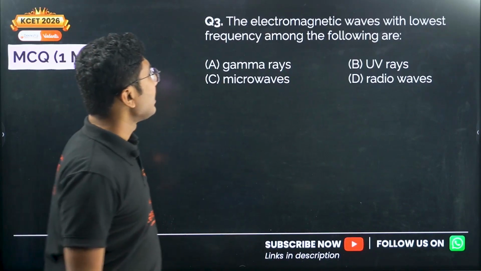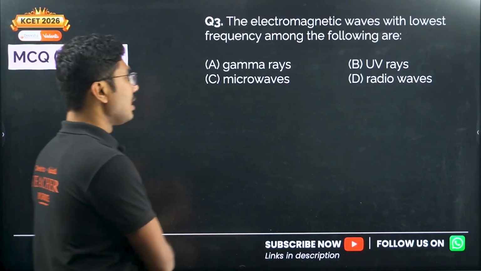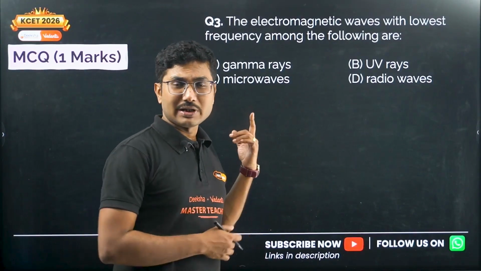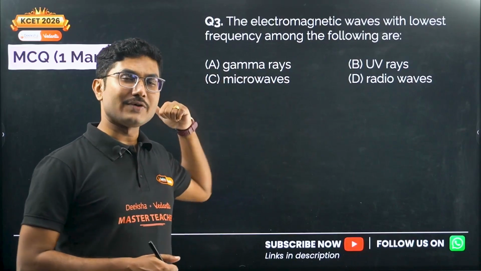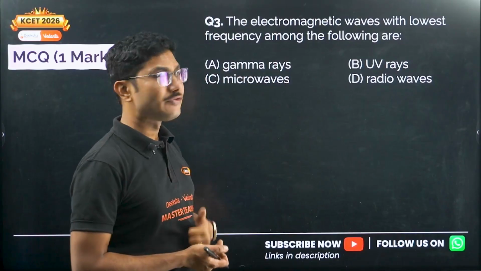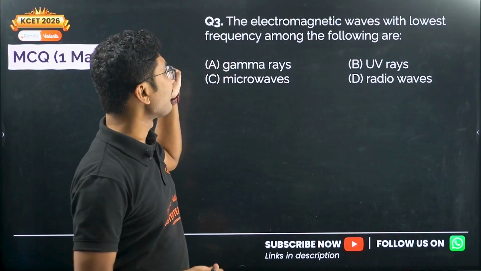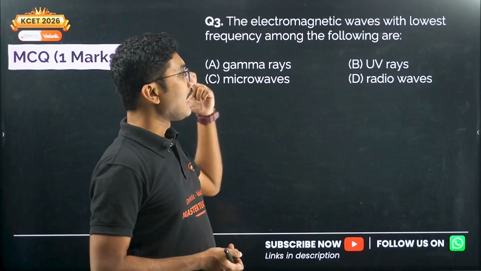Next question, the electromagnetic waves with lowest frequency among the following. If you remember, we start with gamma ray, then X-ray, then UV ray. Whoever starts first has the smallest wavelength and highest frequency. Here they have stated lowest frequency. Lowest frequency means radio waves.